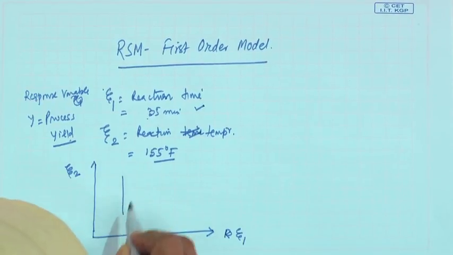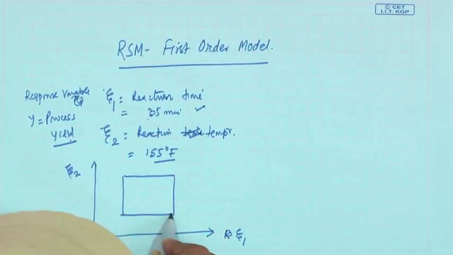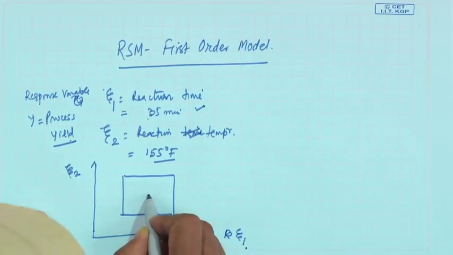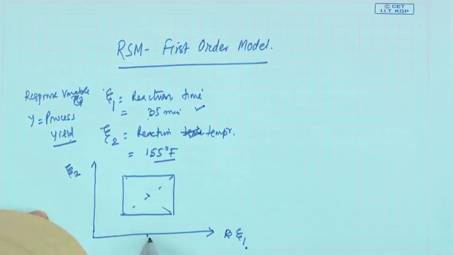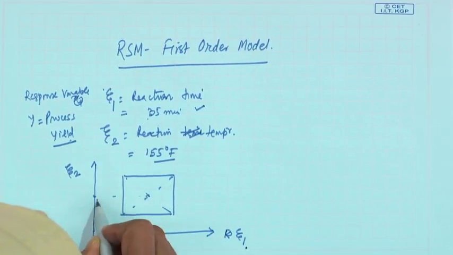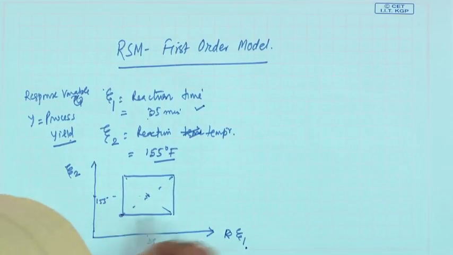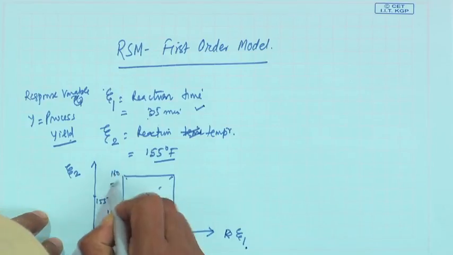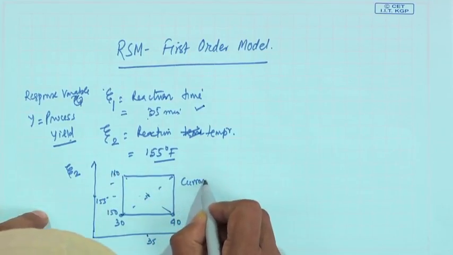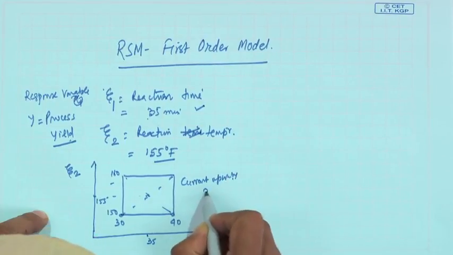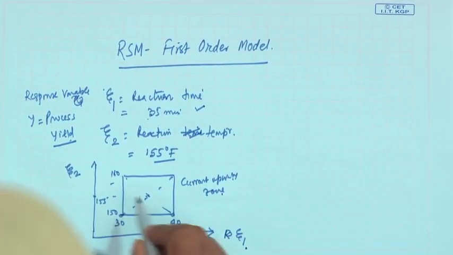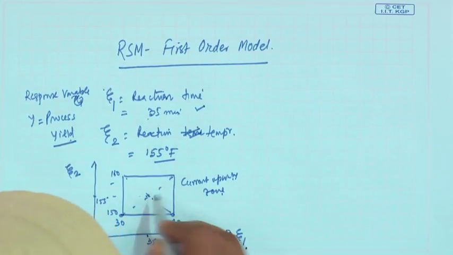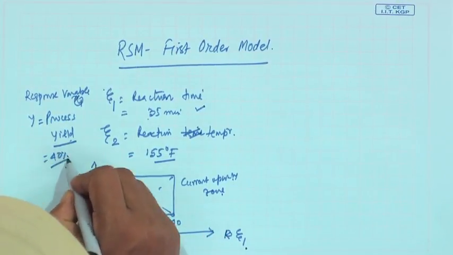You are operating in this zone where the center point is 35 for reaction time and 155 for temperature. We can say this is 30 minutes, 40 minutes, and this is 150 Fahrenheit and 160 Fahrenheit. This is the current operating zone, and your average yield here is 40%, which is very less.